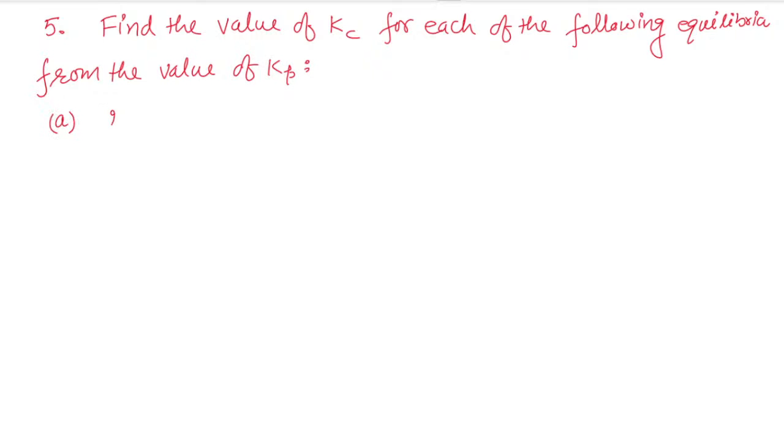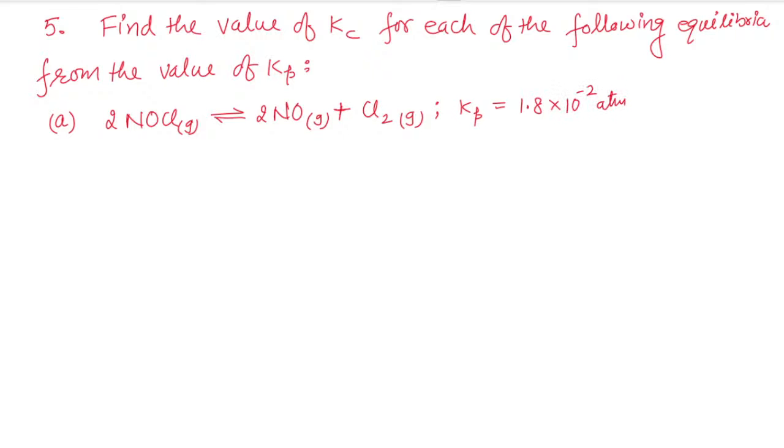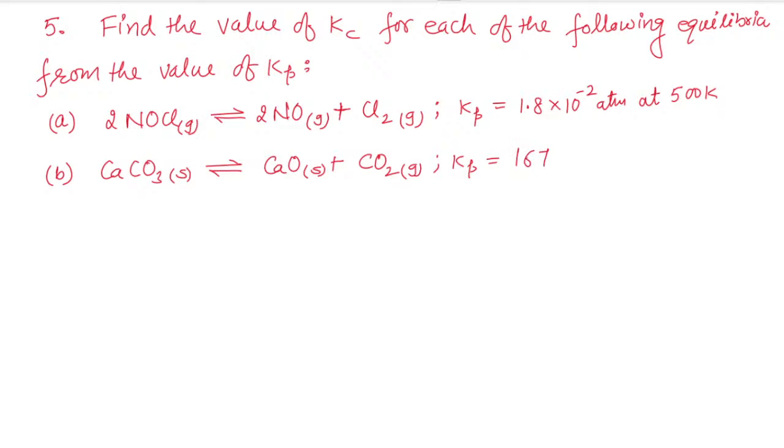The first reaction is 2NOCl gas to give 2NO gas plus Cl2 gas, and Kp for the given reaction is 1.8 × 10^-2 atmosphere at 500 Kelvin. The value is 167 atmosphere at 1073 Kelvin. So let us solve it.